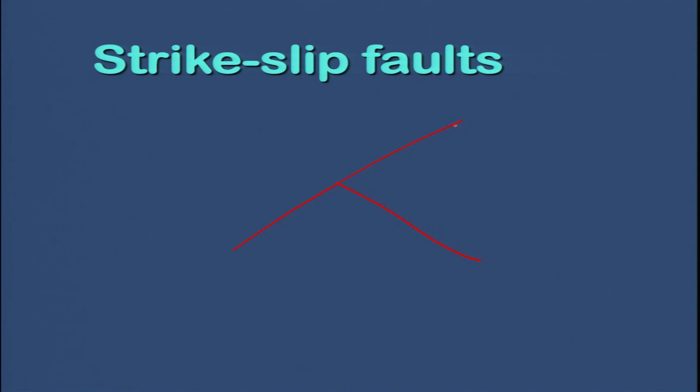For example, I'll draw again. If this is your imaginary plane, the intersection of this will be your strike direction, and the dip will be this one. So in nature, the movement is taking place along the strike and along the dip plane.